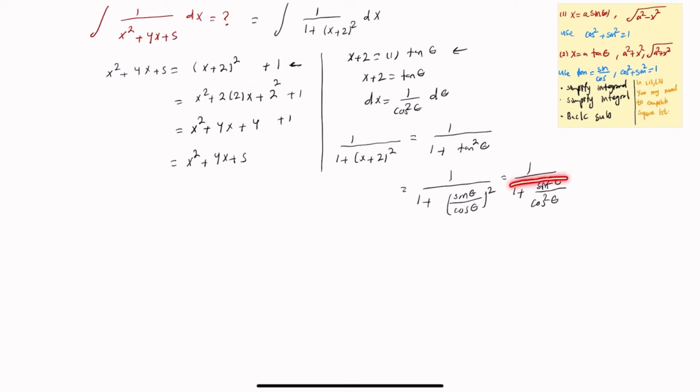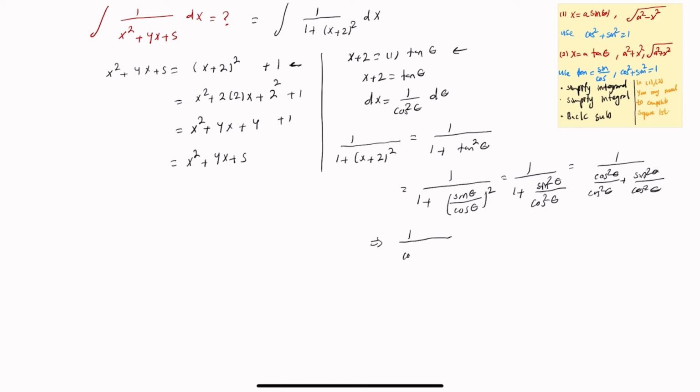Now I want to make this into one fraction. Therefore, I'm going to multiply this term in here by cosine squared of theta, its denominator and its numerator. So this is going to be equal to 1 over, and then 1 multiplied by cosine squared of theta is going to be cosine squared of theta. And also I'm going to multiply its denominator, so it's going to be the same, and plus sine squared of theta over cosine squared of theta. Now that's going to be equal to 1 over, and then I'm going to make that into one fraction.